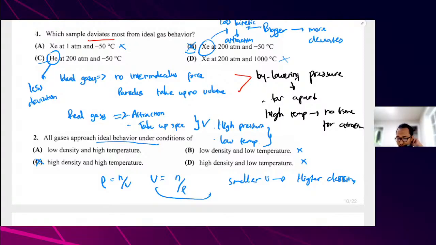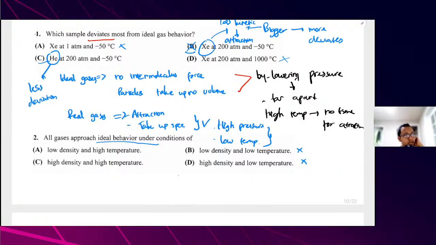Oh, okay, the concept is not like that, so I made a mistake over here. To minimize interaction and make the gas close to ideal, we need a low density, so particles are far apart, with less chance to attract or interact.